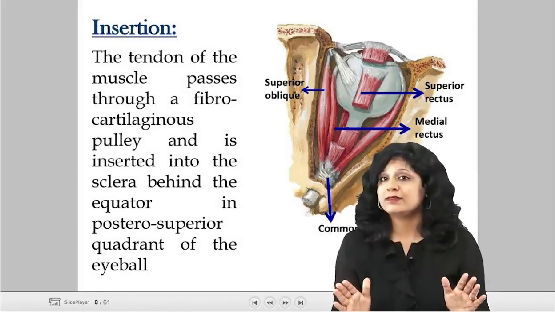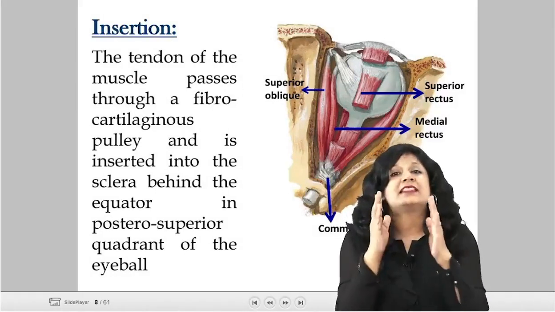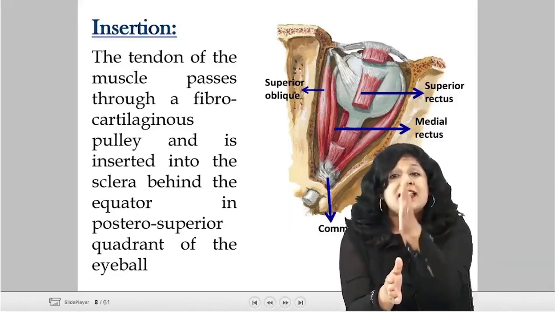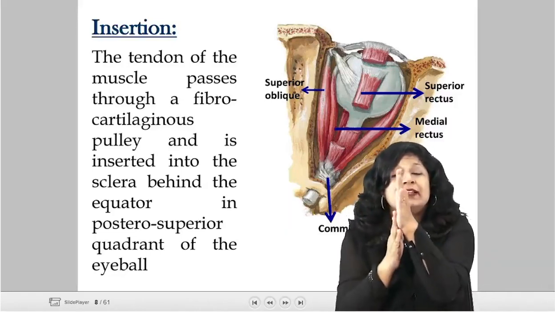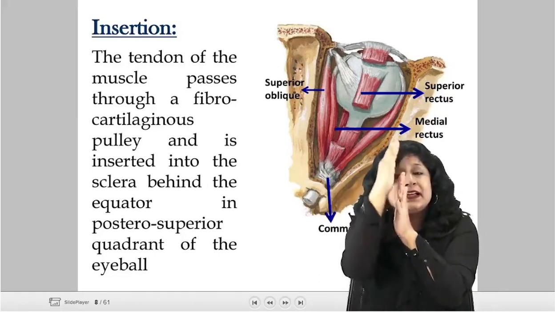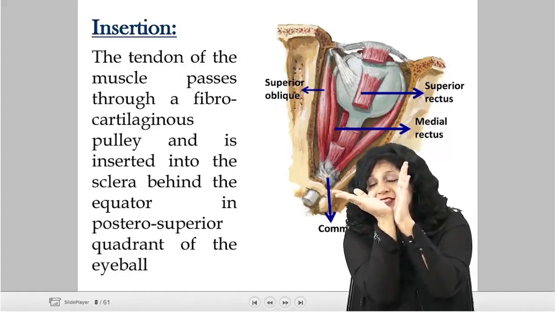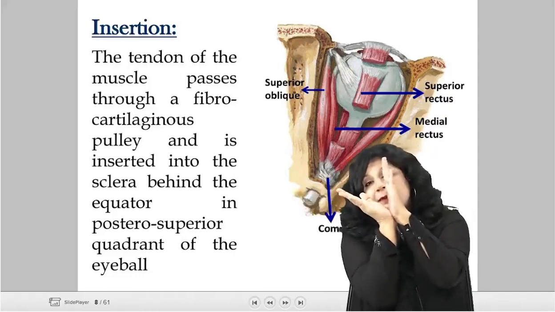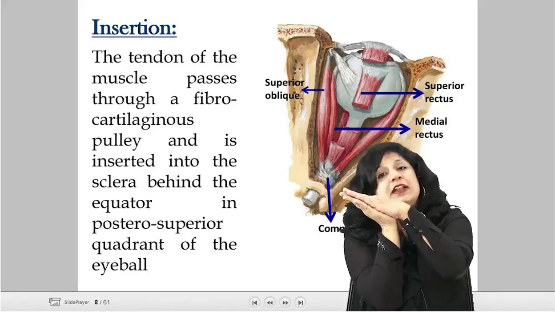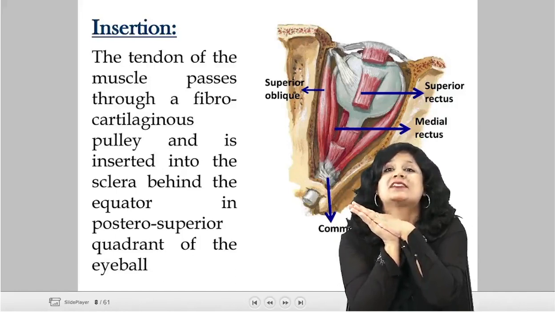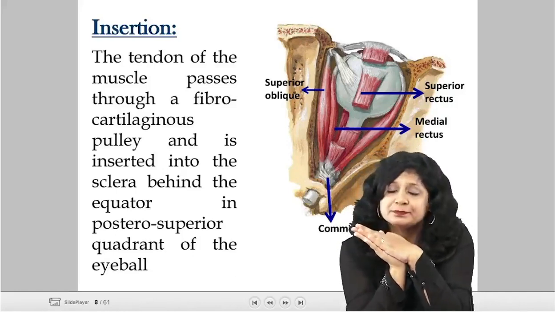I am not talking about that. I am saying that the elevation and depression are maximum when the optical axis coincides with the axis of the muscle. So if this is my optical axis, the axis of the rectus muscles is laterally 23 degrees. So when I abduct my eye, both will coincide and the rectus muscles will do maximum elevation and depression.